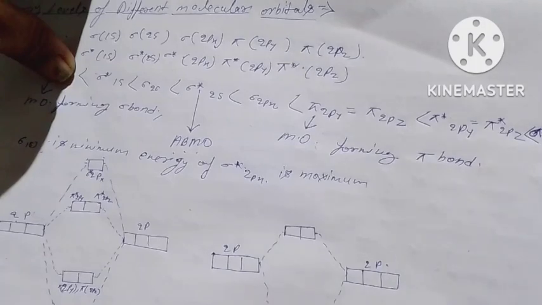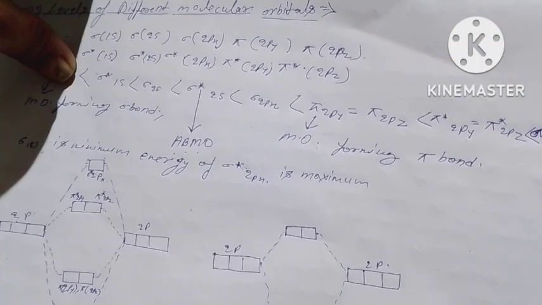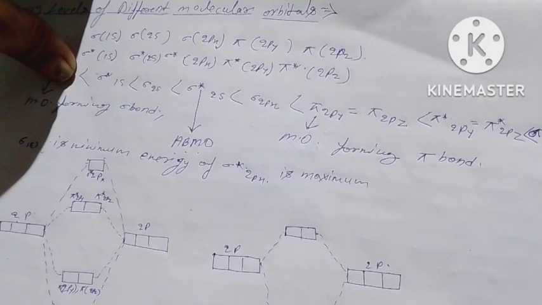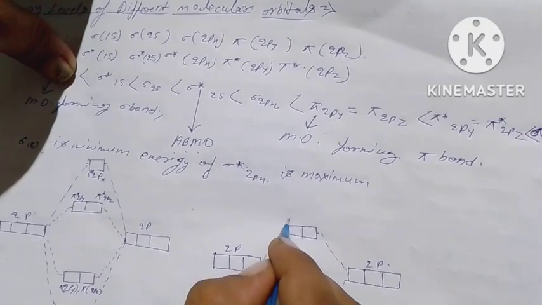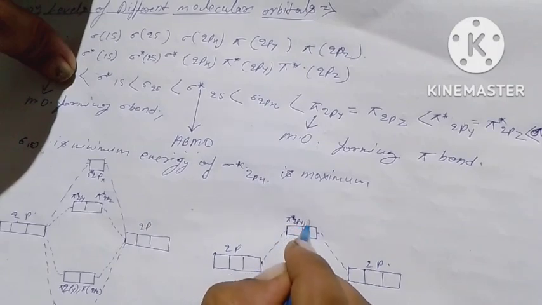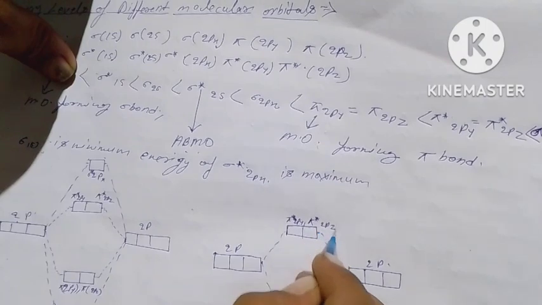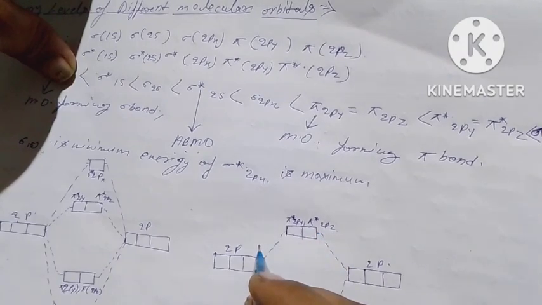This is pi 2py, and this is pi 2pz, and this is pi star 2py, meaning antibonding molecular orbitals, and this is pi star 2pz.